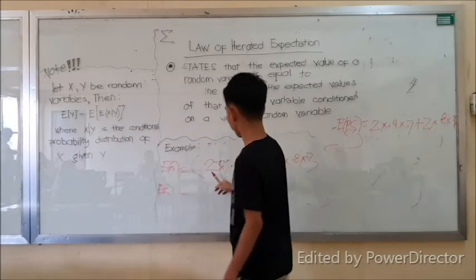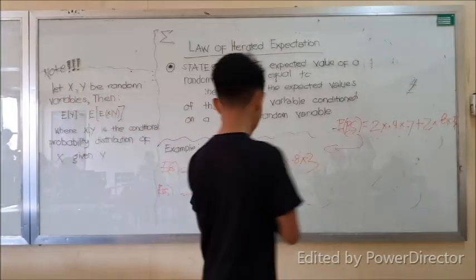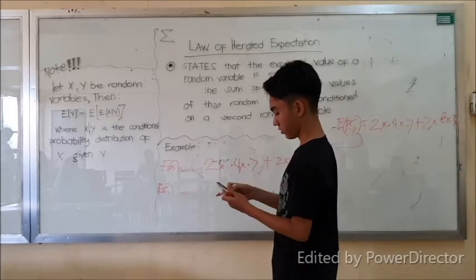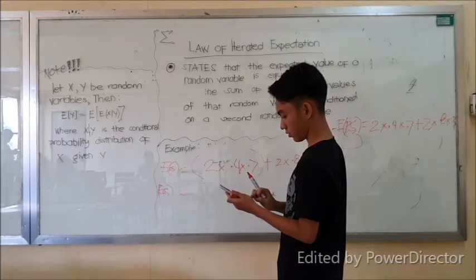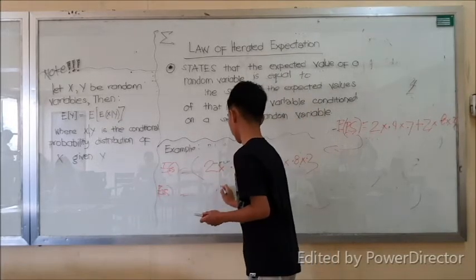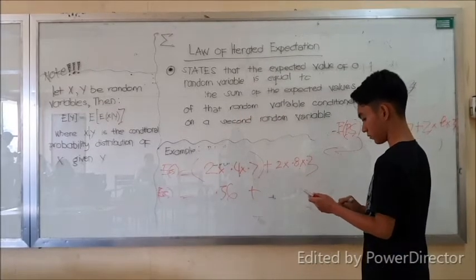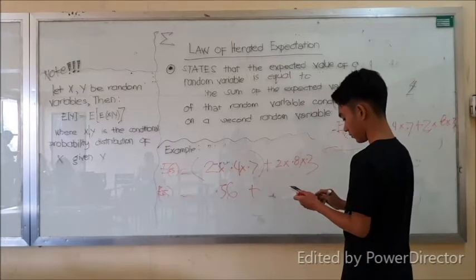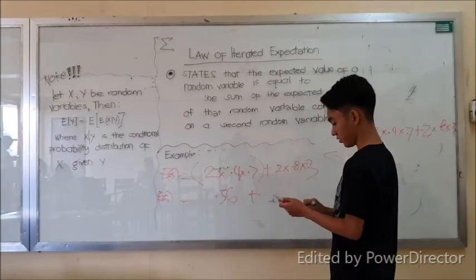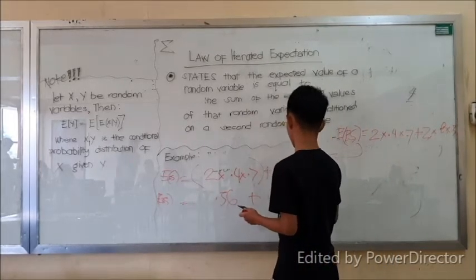So, multiply this: 2 times 0.4 times 0.7 will be 0.56, plus 2 times 0.8 times 0.3 will be 0.48.